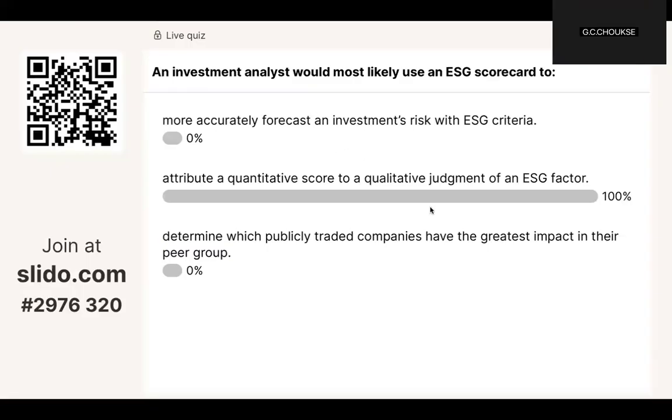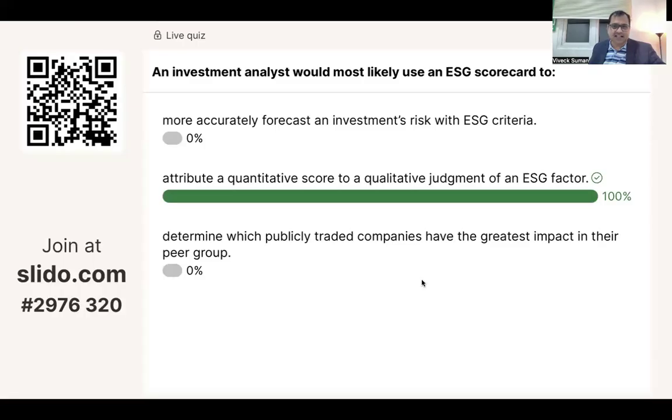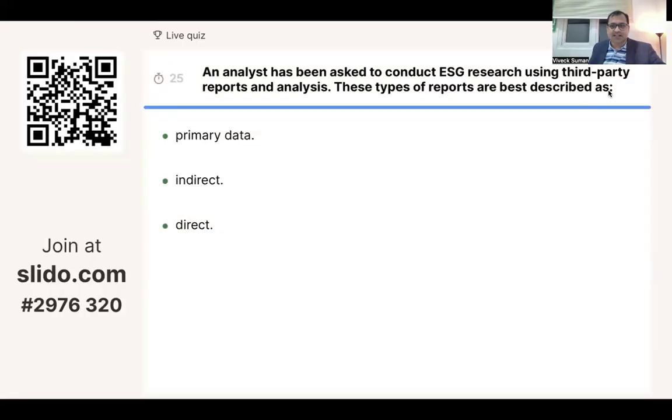People have to read it visually only. Interesting, isn't it? Okay, so here everybody has given attribute a quantitative score, and that's the correct answer. Well done.